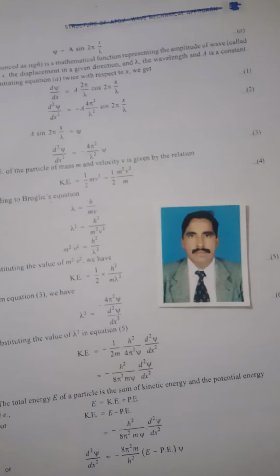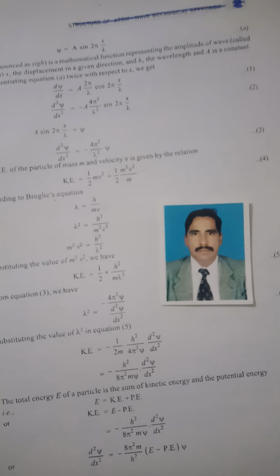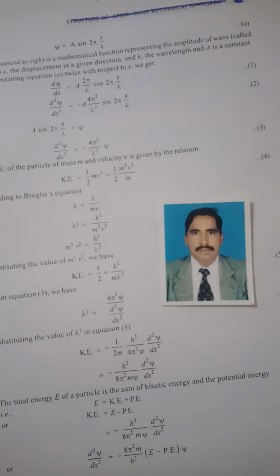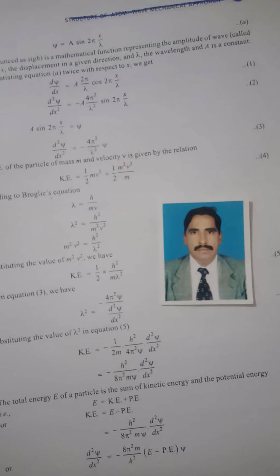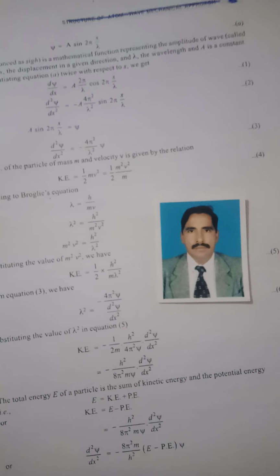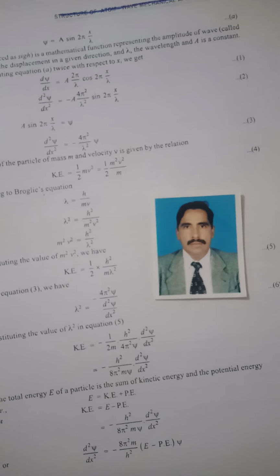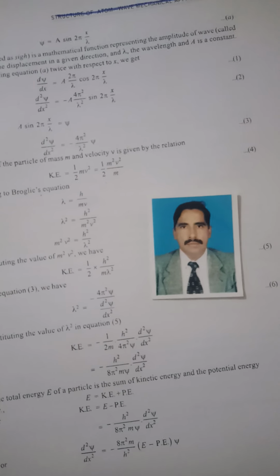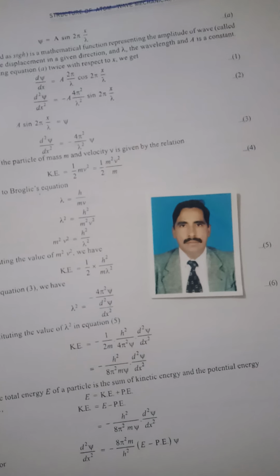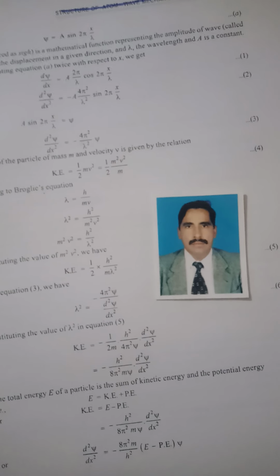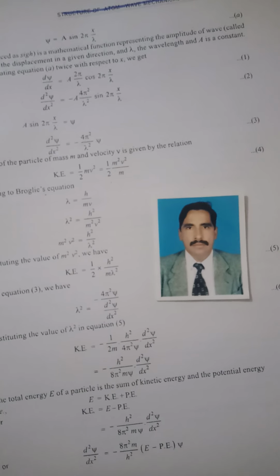Similarly, if we differentiate again, d square psi over dx square will be equal to minus A into 4 pi square divided by lambda square sin(2 pi x over lambda).